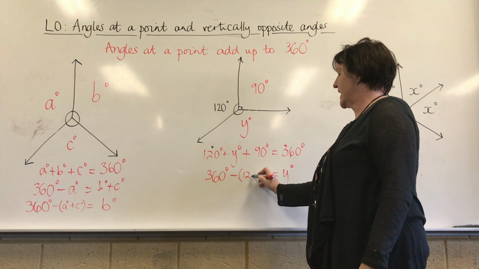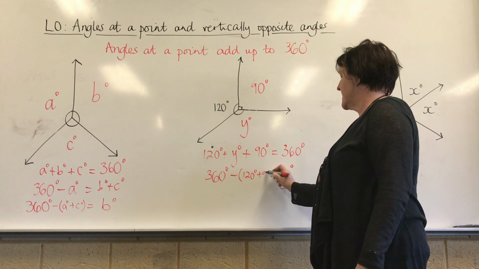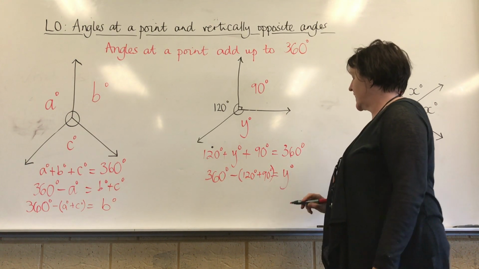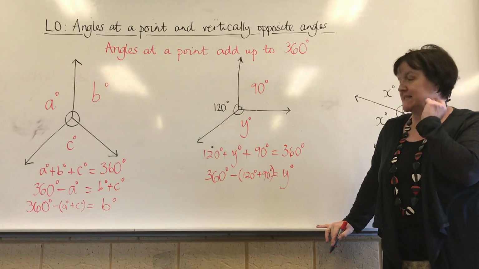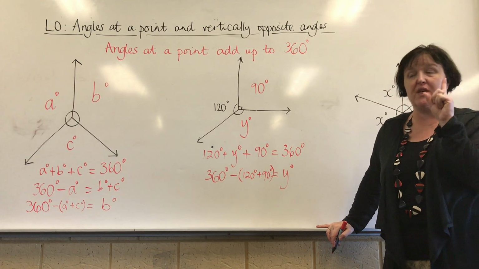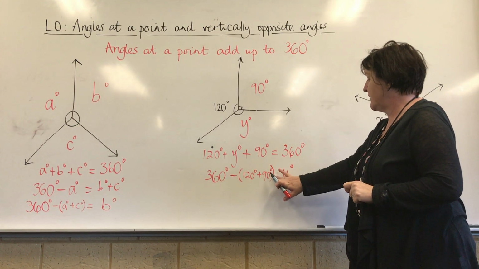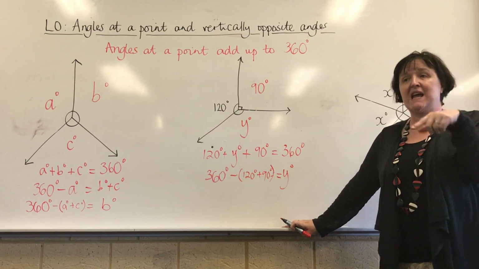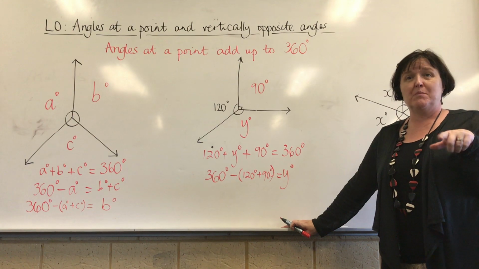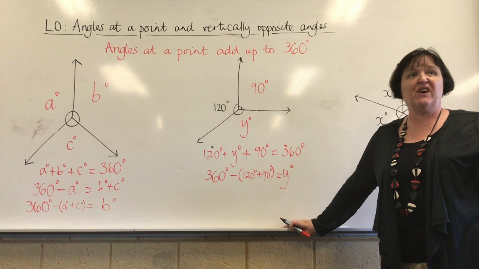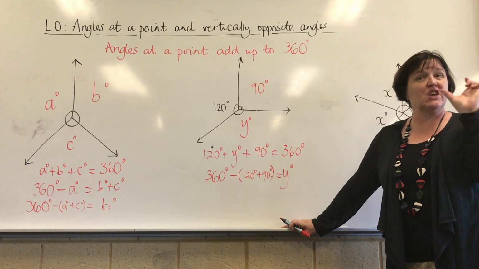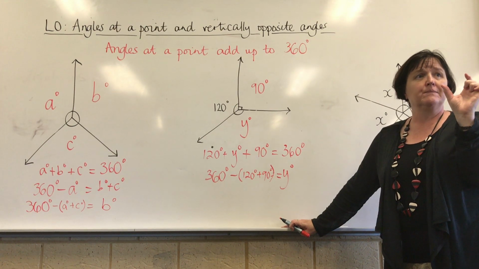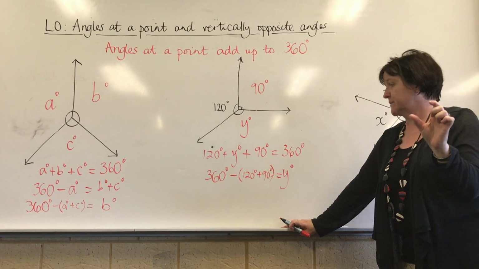Yeah, so don't forget the brackets, 120 plus 90. If you do it on your calculator without the brackets, it will take away the 120, but then it will add the 90 back, so you'll have only taken away 30. So you have to put the brackets in order to get the right answer.